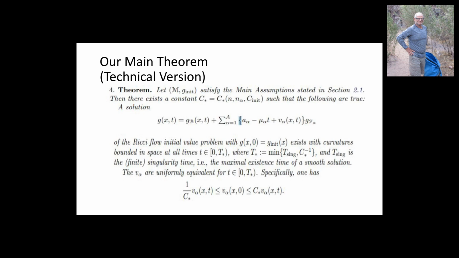So that's the somewhat non-technical version. Let me give the somewhat more technical version. Again, we're starting with an initial metric which satisfies the assumptions I said above, such that there exist constants such that the following are true.